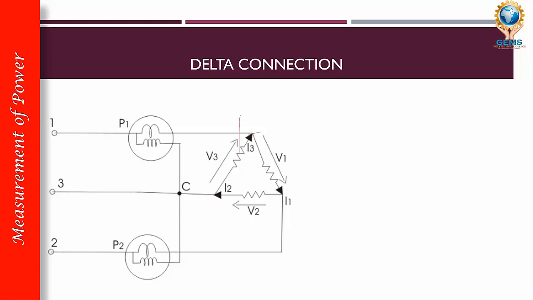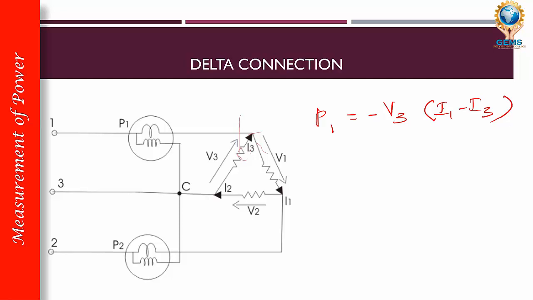So P1 is nothing but V3 into I1 minus I3. So this current is I3 and here the current will be I1.